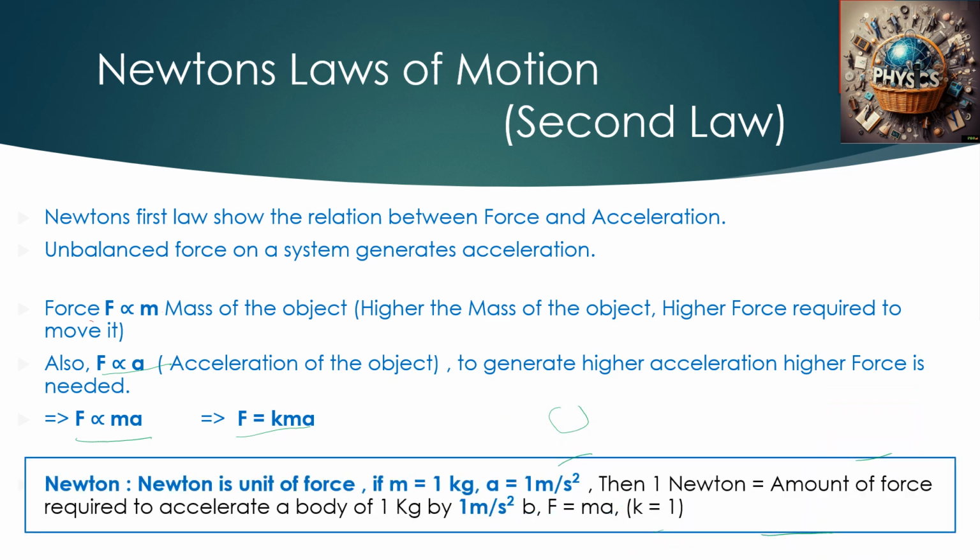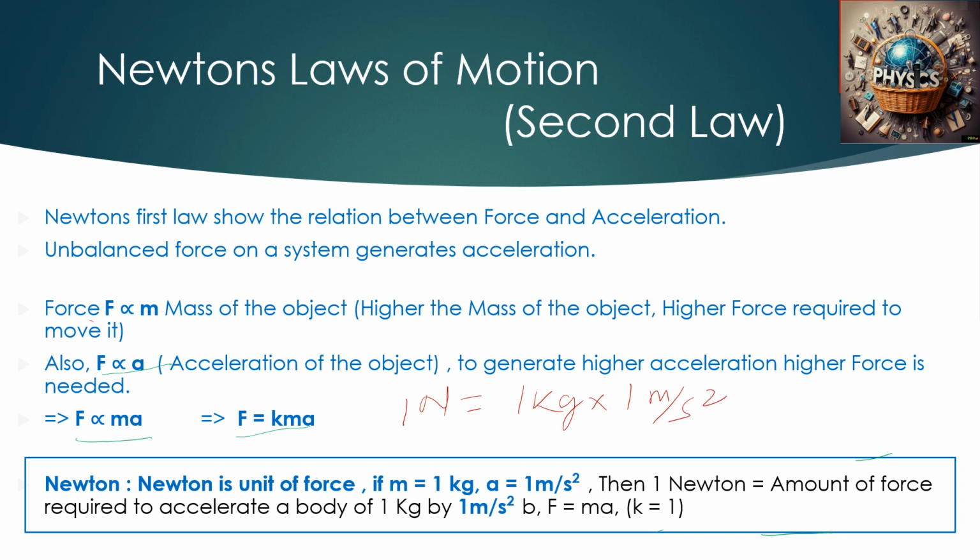Now if we equate it further, if the mass of the body is 1 kg and it generates an acceleration of 1 meter per second square, then the total force required is nothing but 1 Newton. So 1 Newton is equal to 1 kg into the acceleration of 1 meter per second square.